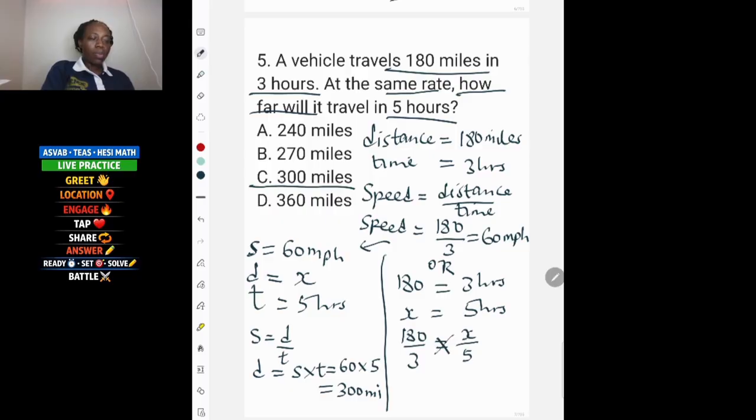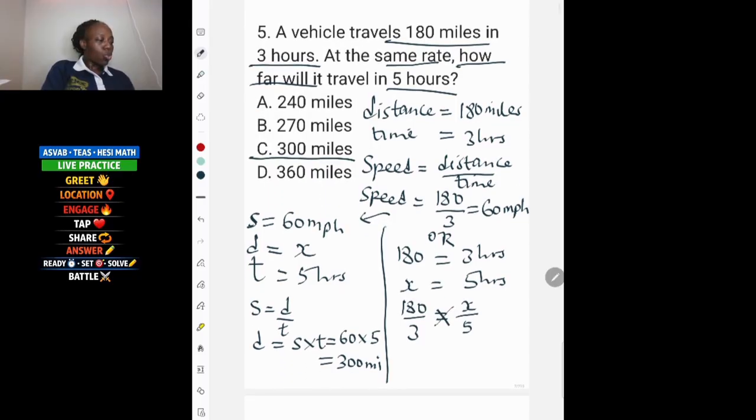Let's cross multiply. So 3x is 1 area times 5. Divide both sides by 3. How many 3 in 1 area? I will just say 60. And then x is now 300 miles.